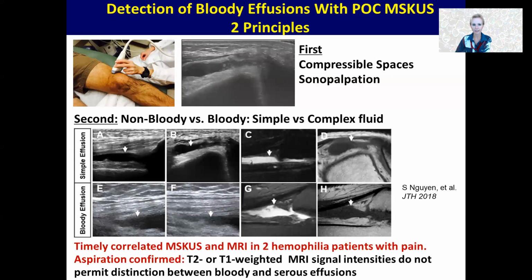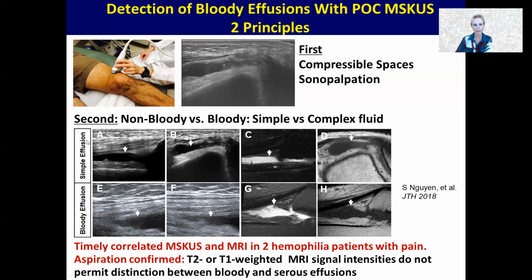And then second, the distinction of non-bloody versus bloody effusions by echogenic characteristics that identify a simple versus a complex effusion. And this is shown in this example of two hemophilia patients who presented to our clinic with acute joint pains.